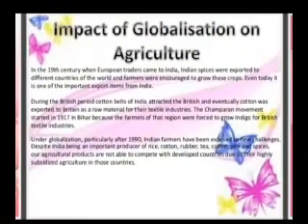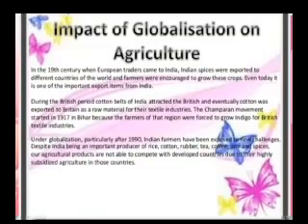What is the impact of globalization on agriculture? In the 19th century, when European traders came to India, Indian spices were exported to different countries of the world, and farmers were encouraged to grow these crops.